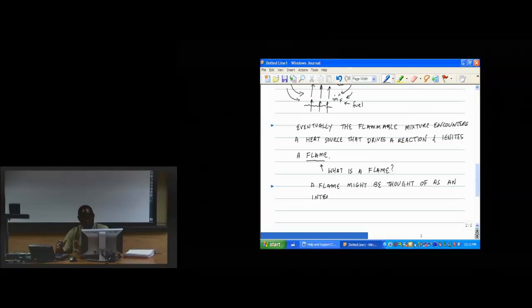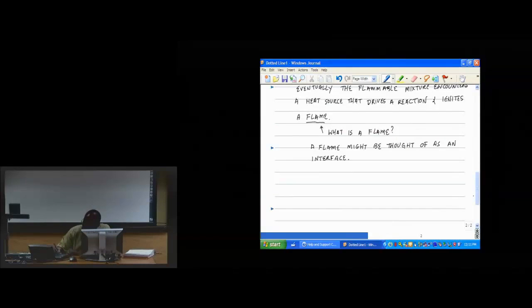So the intimate mixing says this is a premixed flame, and then immediately after we ignite it, we get an interface between things, and so let's draw that. So I'm visual, so I'm going to impart on you my way of looking at these types of problems.